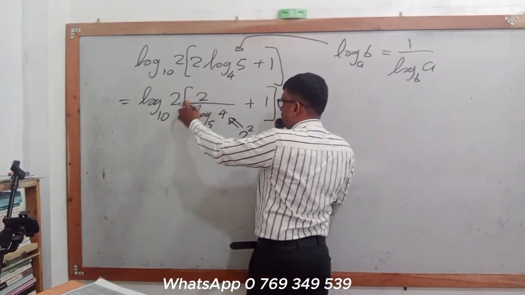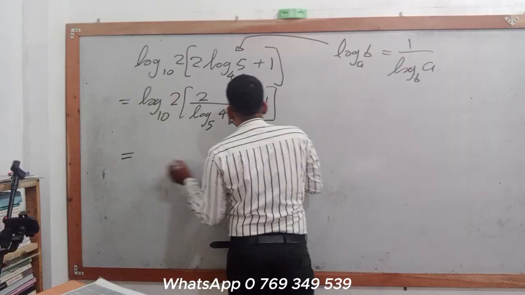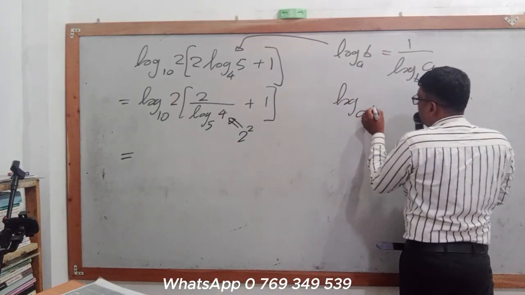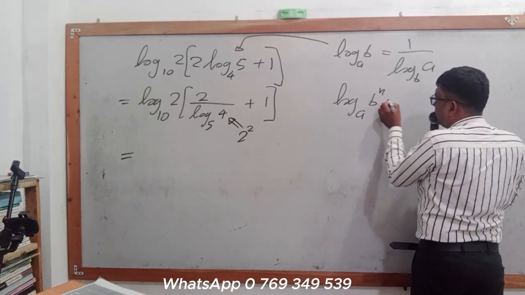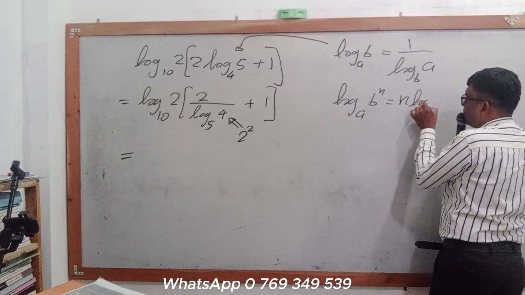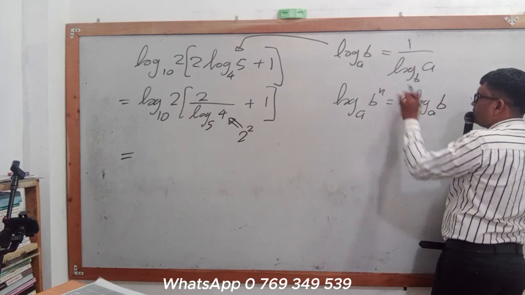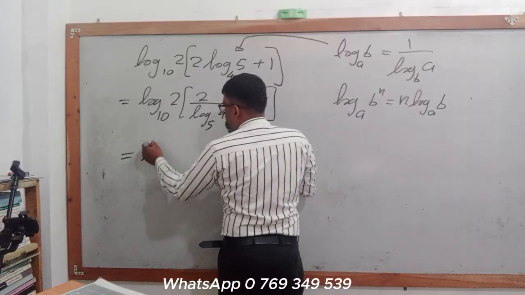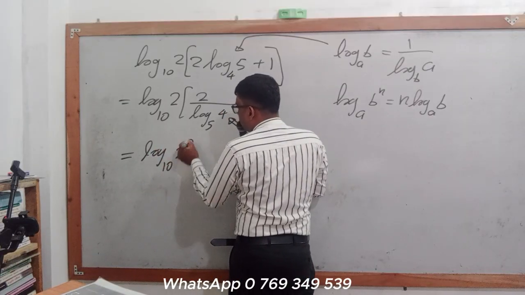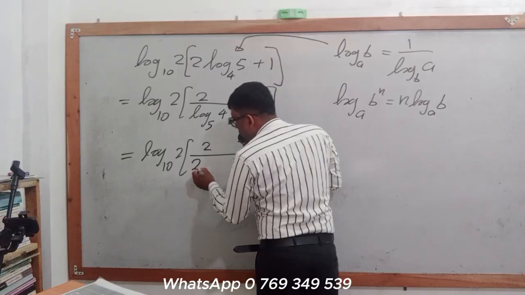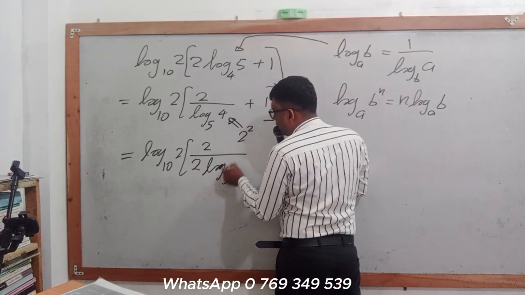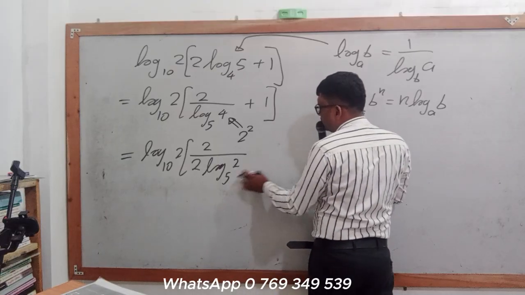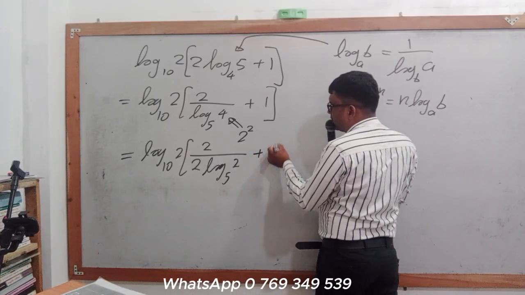Then this 2 comes to the front. The theory is: log of a to the power n equals n times log a, so the n comes to the front. Therefore this 2 also comes to the front: log base 10 of 2 over 2 log base 5 of 2, plus 1.